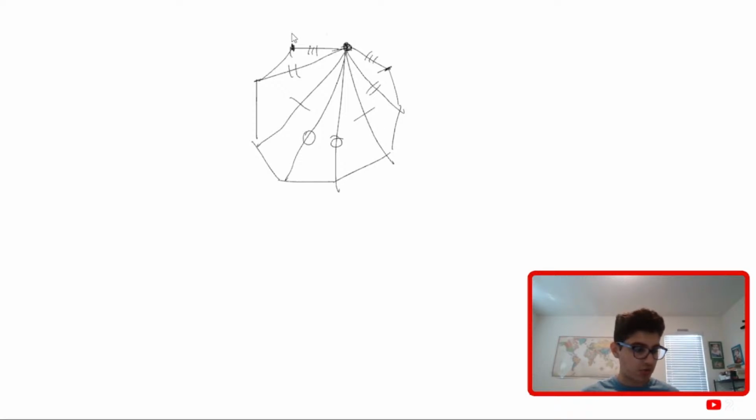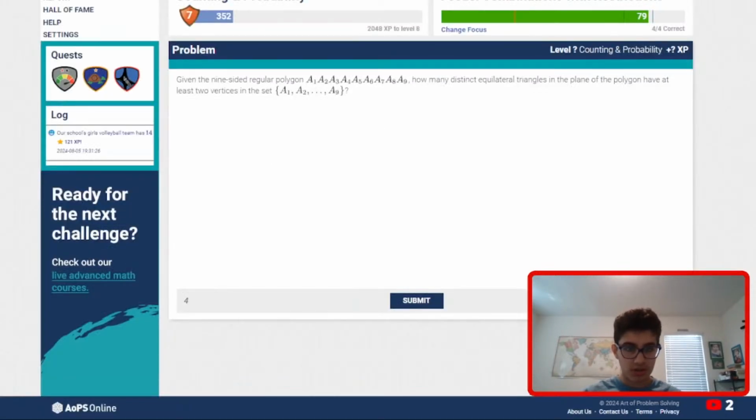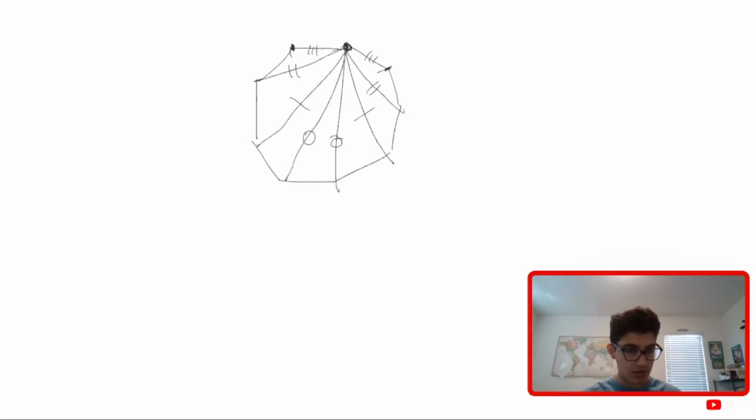So that should just be four, but I'm pretty sure that's wrong. Yeah, okay, it's wrong. So how many distinct equilateral triangles in the plane of the polygon? So then they aren't talking about just congruent, right? They must be talking about something else.